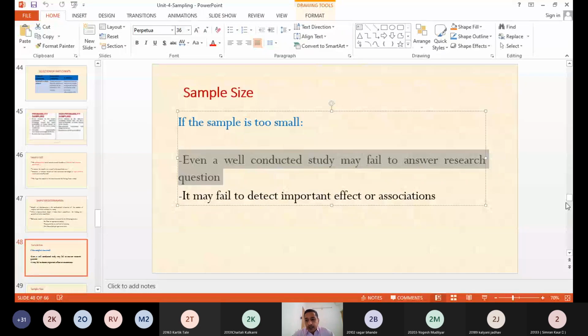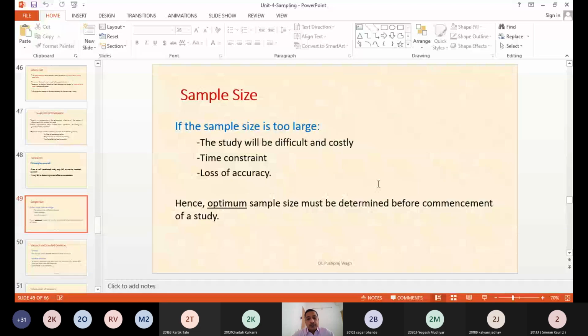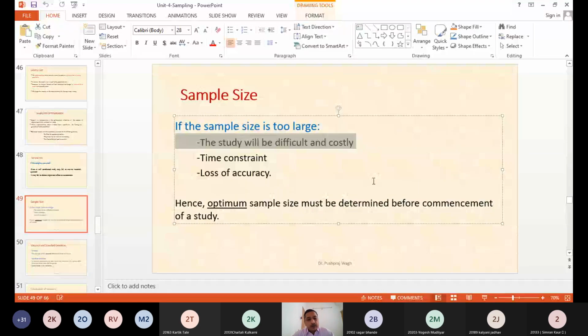On the other hand, if the sample size is too large, then the study will be difficult as well as costly. There will be a time constraint, more time will be required if the sample size is large. And if the sample size is more than required, if it is too large, it will also lose the accuracy of the results.